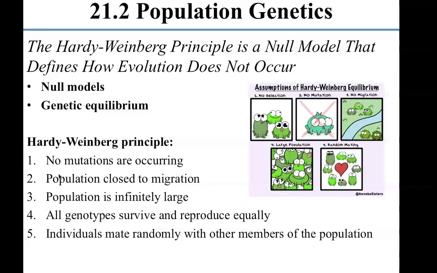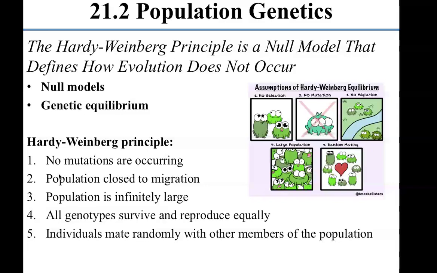So in other words, in Hardy-Weinberg, we're saying, okay, well, let's look at the allele frequencies in a population. And if it's not evolving, then we would expect the allele frequencies not to change, right? And if the allele frequencies are changing, then the population is evolving. And if the population is evolving, then it's violating Hardy-Weinberg.